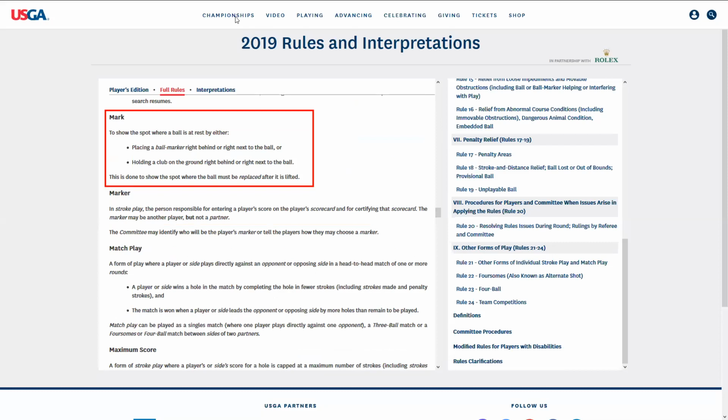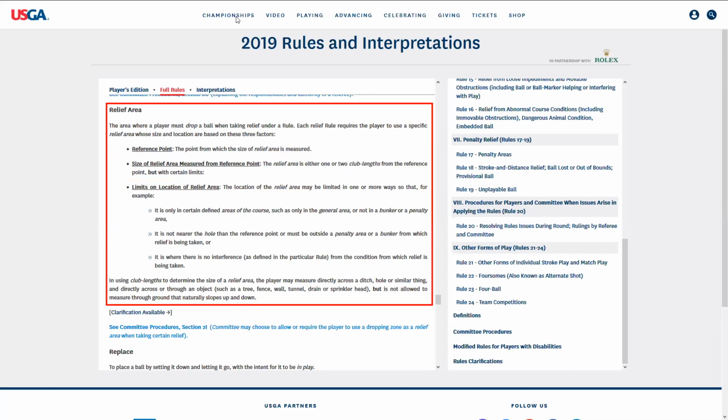Relief area. Page 217. This is a big change for 2019. The area where a player must drop a ball when taking relief under a rule. Each relief rule requires the player to use a specific relief area whose size and location are based on these three factors.